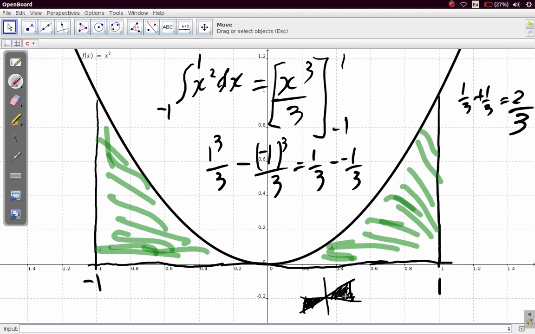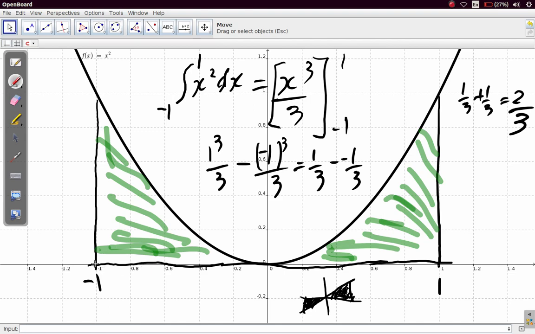Both of them added and cancel each other out. In this case, both areas are positive. I mean, you can't really have a negative area, but what the calculation considers is that both areas are above the x-axis. They take on positive values, so they add to each other.